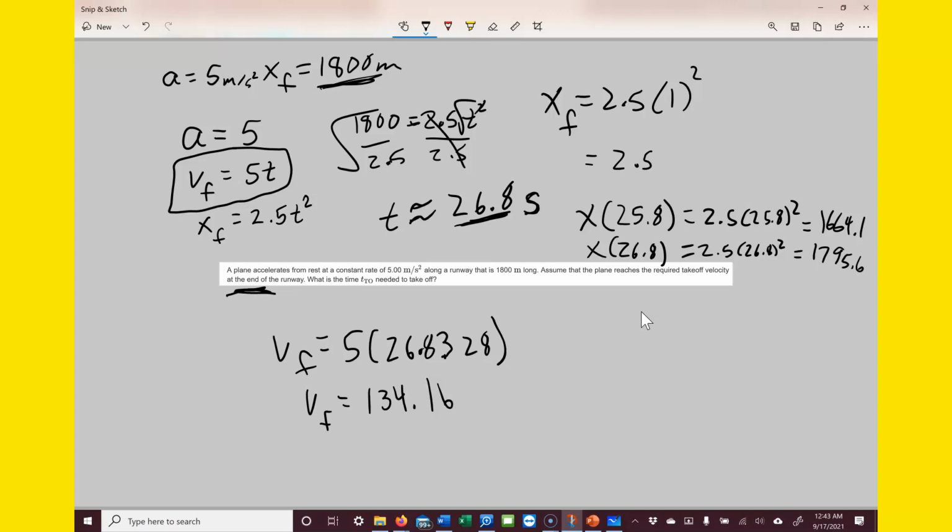And the difference there, well, the change in x there is the difference, which is going to be 131.5.